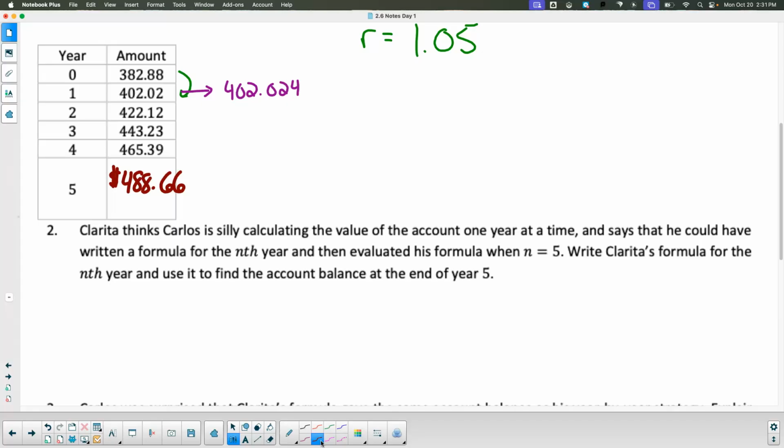Look. F of x equals 392.88 times 1.05. I just switched to T's because then it's time, but your N's would work also.